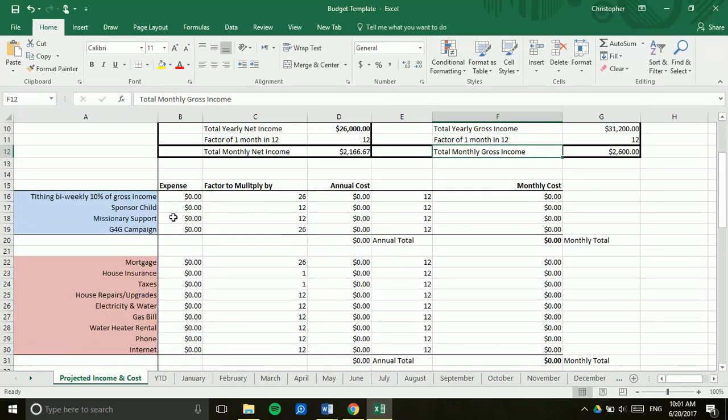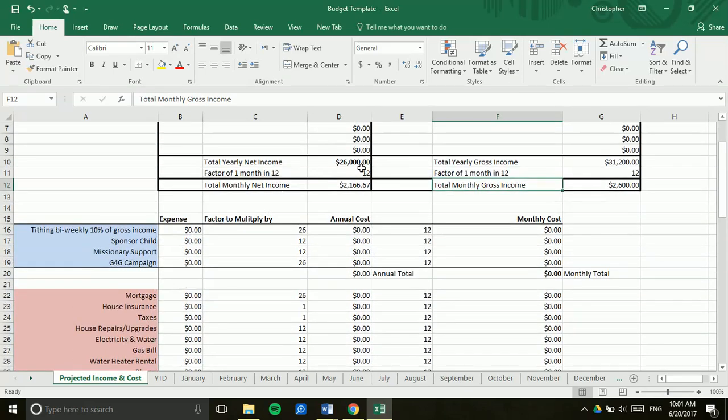Then you go through and set out, based on that, okay, 10% of your gross income would be what you tithe. So you take 10% of this total monthly gross income, so it'd be $260 rather. Then there's a factor to multiply. Now this would be 52 perhaps, or 12 perhaps, if you're going to do your tithe monthly.